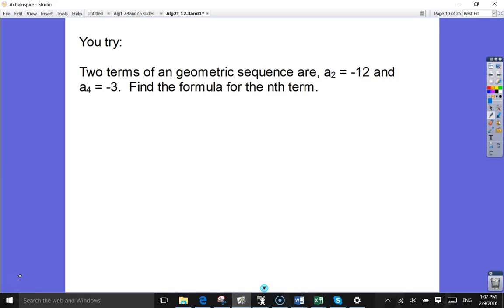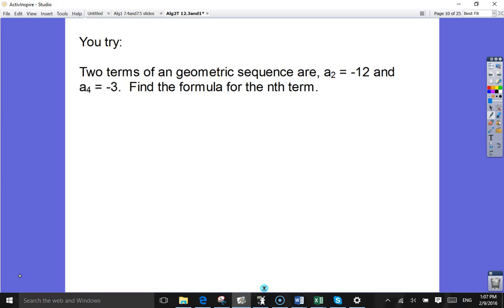Just like we did in the one with arithmetic, we had a very similar problem. We were going from term A7 to A16. We had to add the common difference 9 times to go from A7 to A16. In this case, how many times do we have to multiply by the common ratio to go from A2 to A4? 2 times, right? So that's what you're trying to figure out.